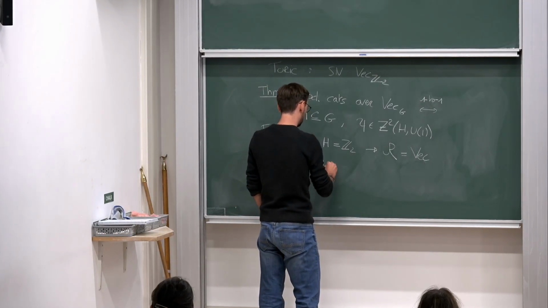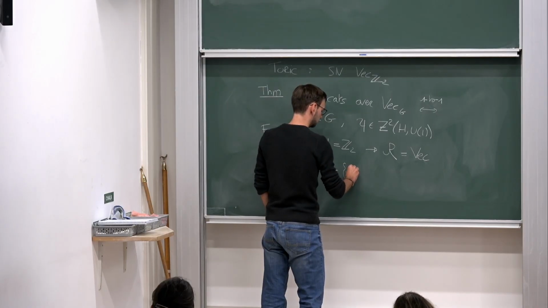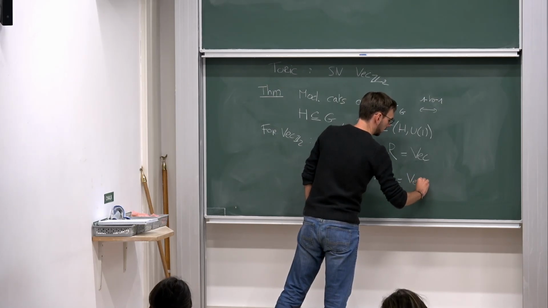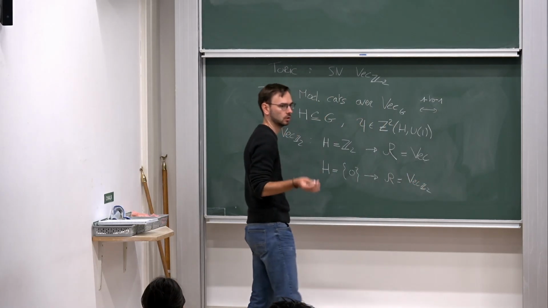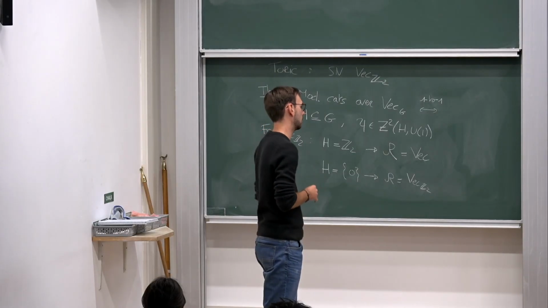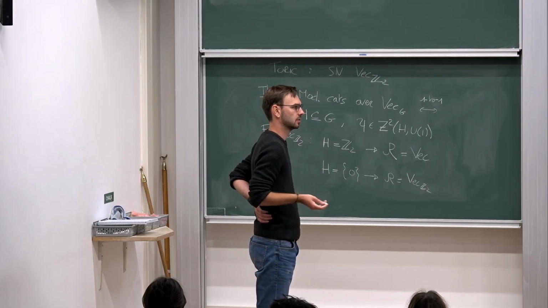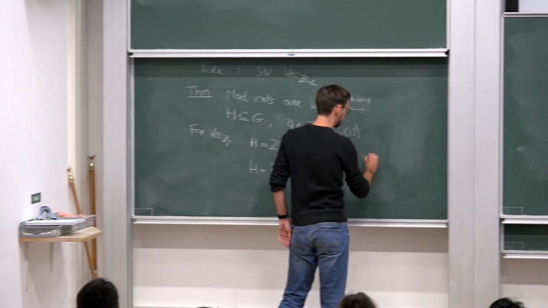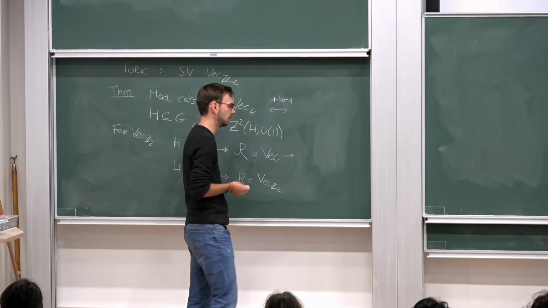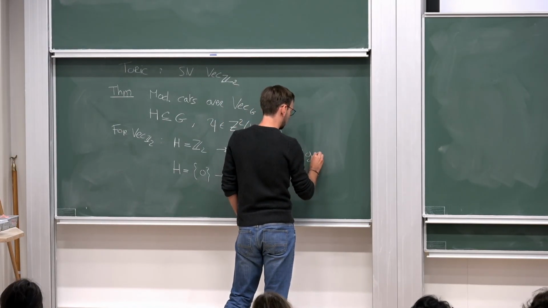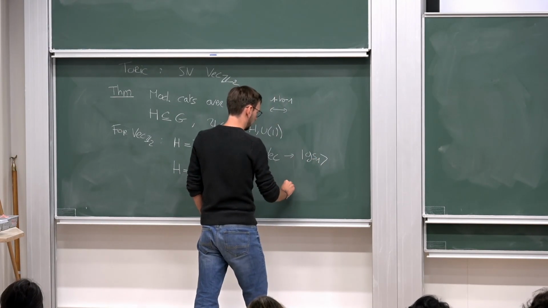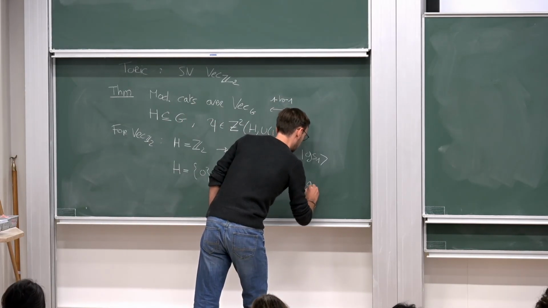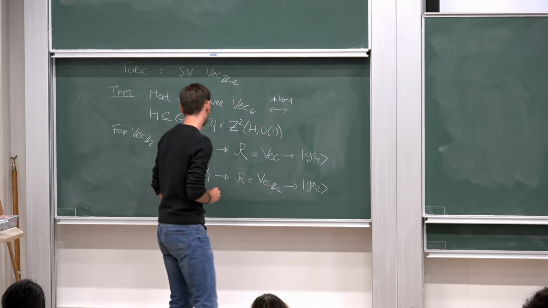And then we also have the trivial subgroup, which corresponds to the module category equal to VecC2 itself. You can always choose as module category the fusion category itself. And those correspond to the two ground states that we derived. If I remember correctly, this one corresponds to the first ground state that we derived in that lecture, so ground state 1 corresponds to this choice. And the second one corresponds to ground state 2.